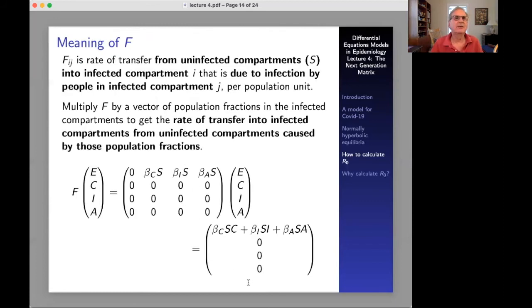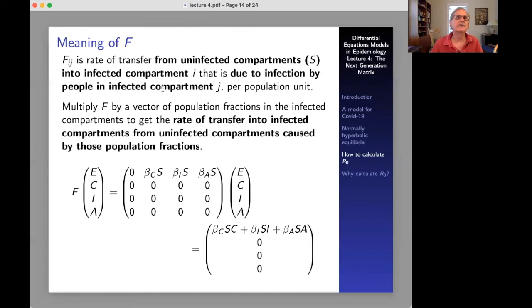Let's look at the matrix F in more detail. The entry Fij is a rate of transfer from uninfected compartments, in our case there's only one, but there could be lots, into infected compartment I that is due to infection by people in infected compartment J. It's a rate, so per unit time, but it's also per population unit.